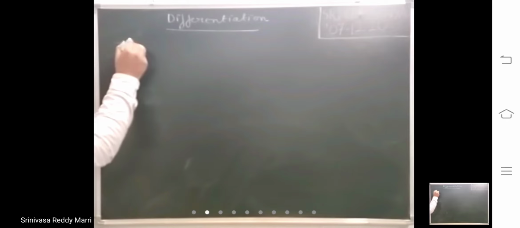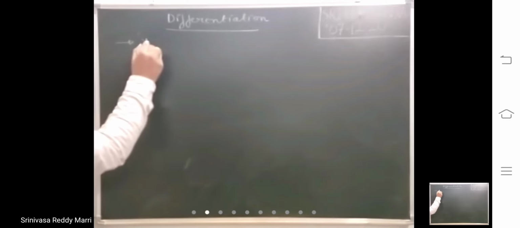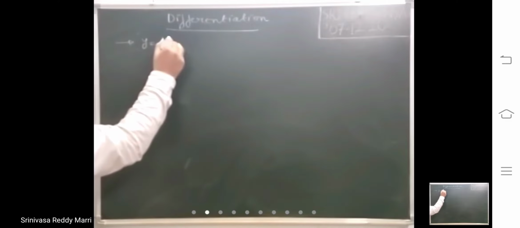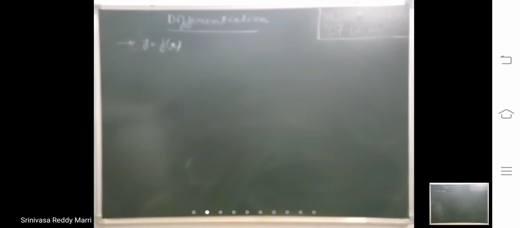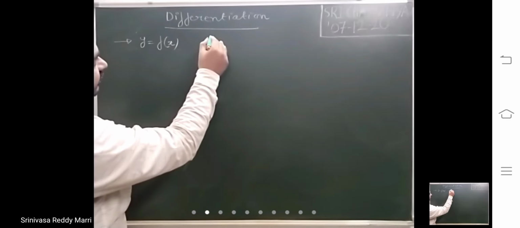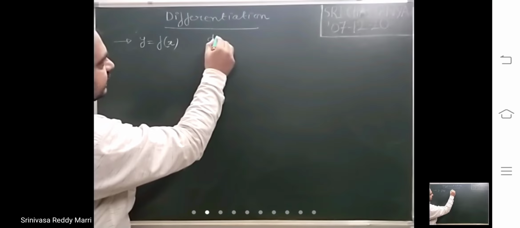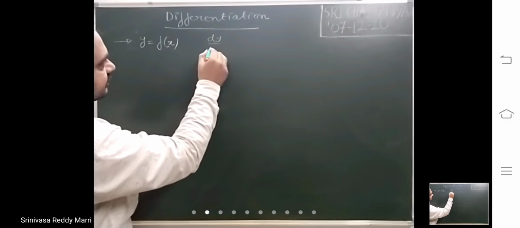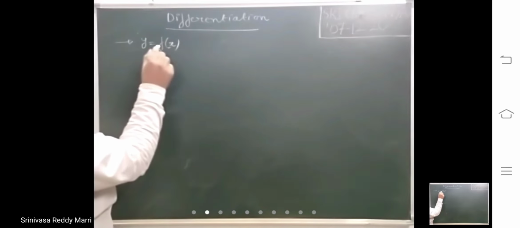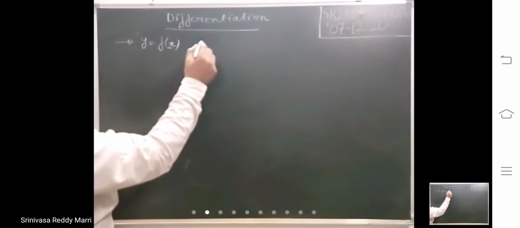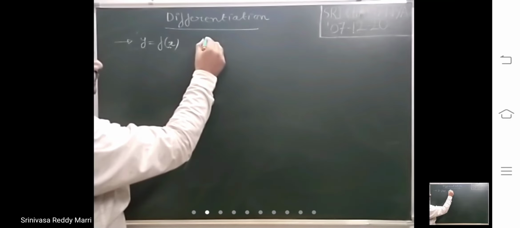Suppose a function is there or a curve is there whose equation is y equal to f of x. We have already discussed this. So y is dependent on x. Y in terms of x means y is dependent on x.